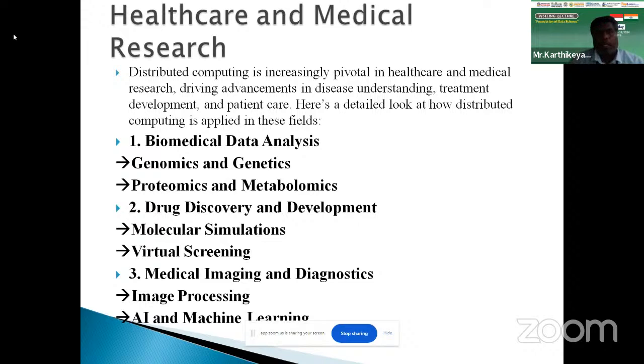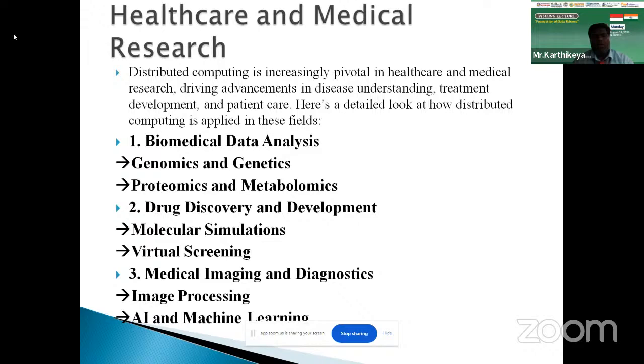Healthcare and medical research follows different fields. The first one is biomedical data analysis, which follows genomics and genetics, proteomics and metabolomics. The second one is drug discovery and development, which follows molecular simulation and virtual screening.